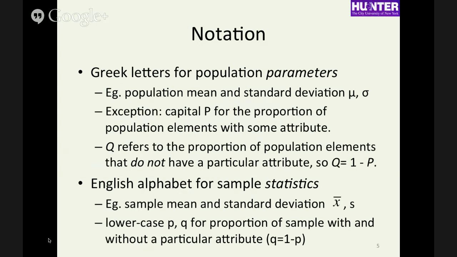You will often see hats put over things that are estimated from a sample. So you'll see a P with a hat on it. I think Tony likes to do that. That is common as well. But the important thing is keeping in mind whether something is a fixed value of the entire population, something that we only know in theory, or if it's something that we're estimating from a sample.